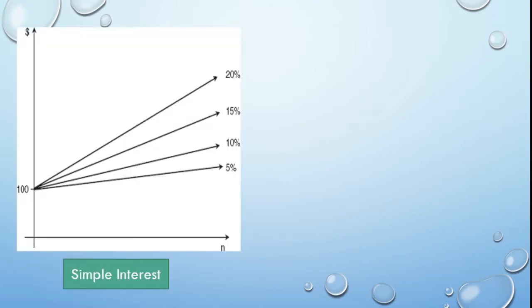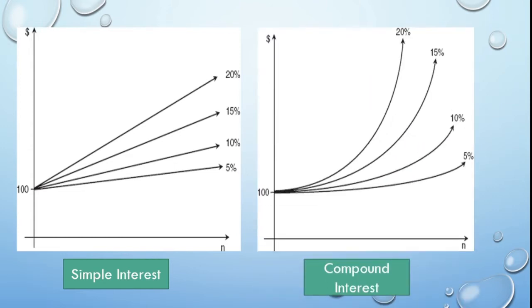The simple interest is indicated by a straight line, which provides a steady increase for the different rates 5%, 10%, 15%, and 20%, while the compound interest shows an exponential increase in the amount, as shown by the curving upward of the graph as the number of years increases.